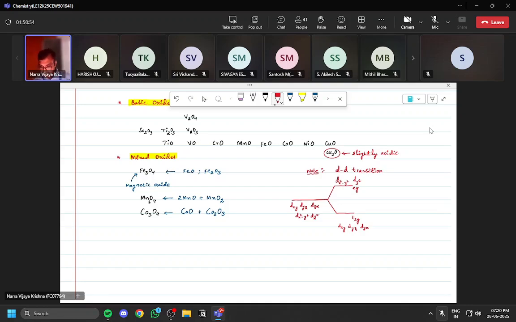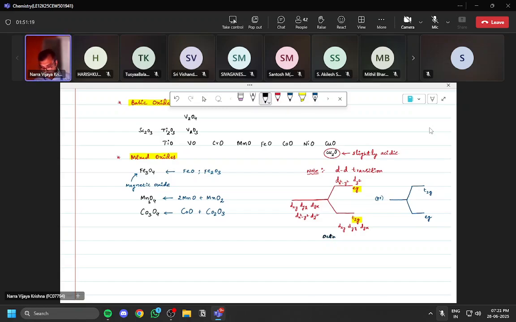Instead of this, there may be another possibility also. Instead of splitting in this way, they may split in this way also. t2g can be here, eg can be here. If t2g here, eg here, we call them as octahedral complexes.